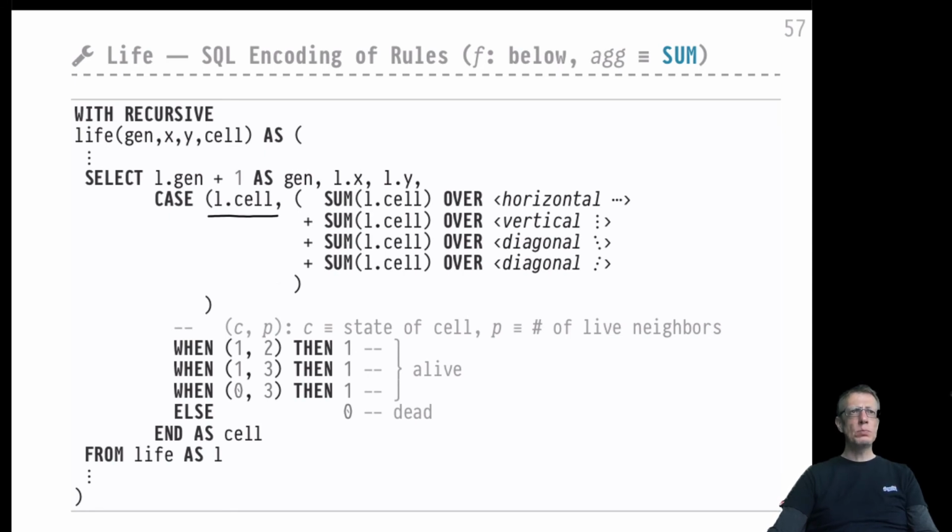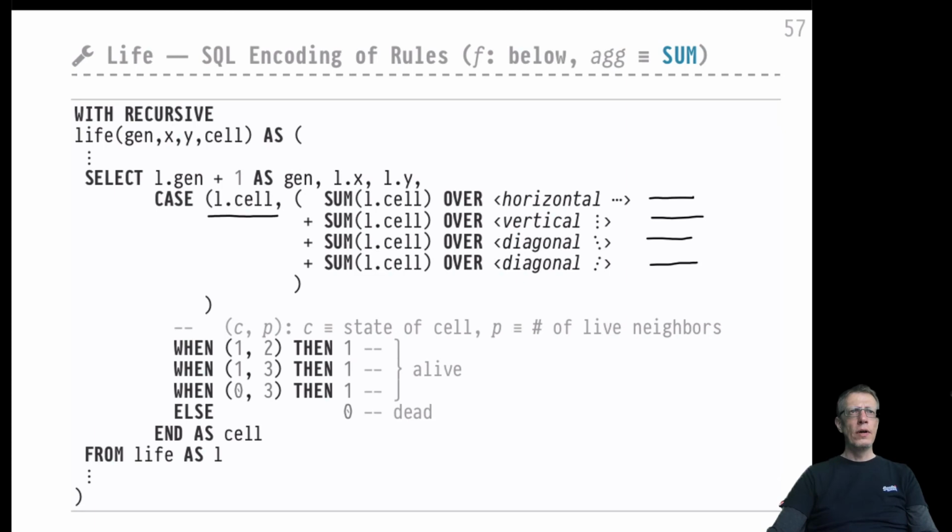And we would expect it to depend on the state of the cells in the neighborhood. And this is actually exactly what we explore here. We would explore the axis, the horizontal, the vertical, the diagonal in one and the diagonal in the other direction. All of this together would explore the entire Moore neighborhood of our current cell L.cell.